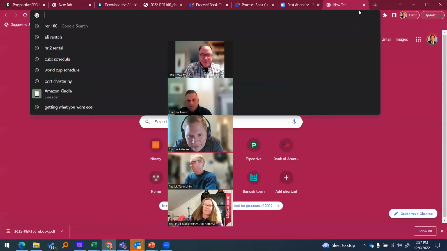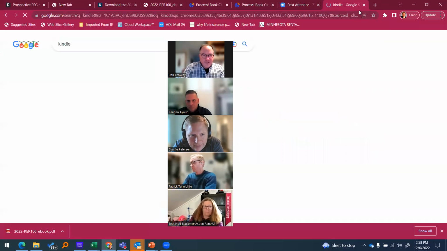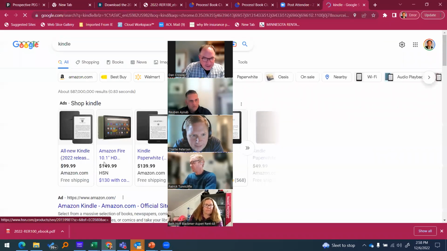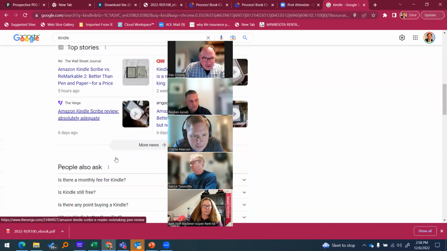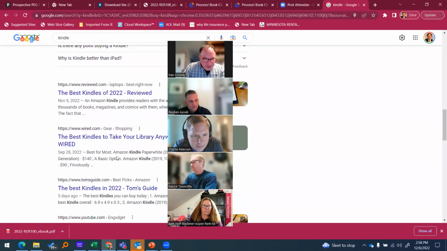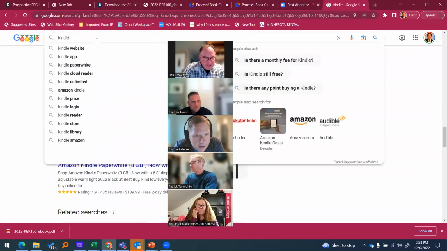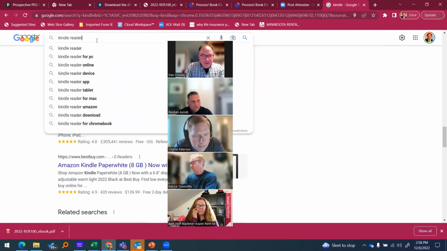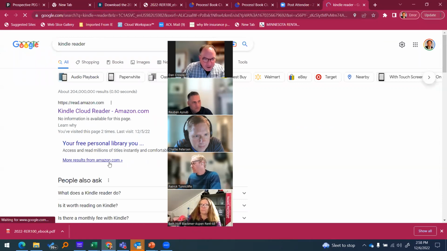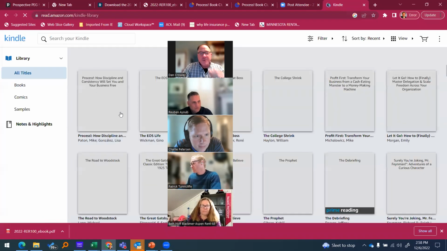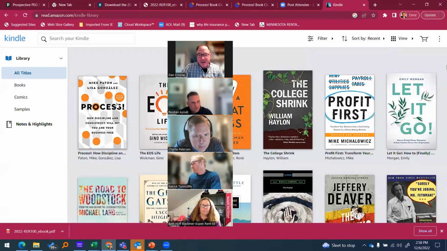The cool thing, and I'll quickly show you, is the Kindle version. I always get the ebook as well. This is my little library.